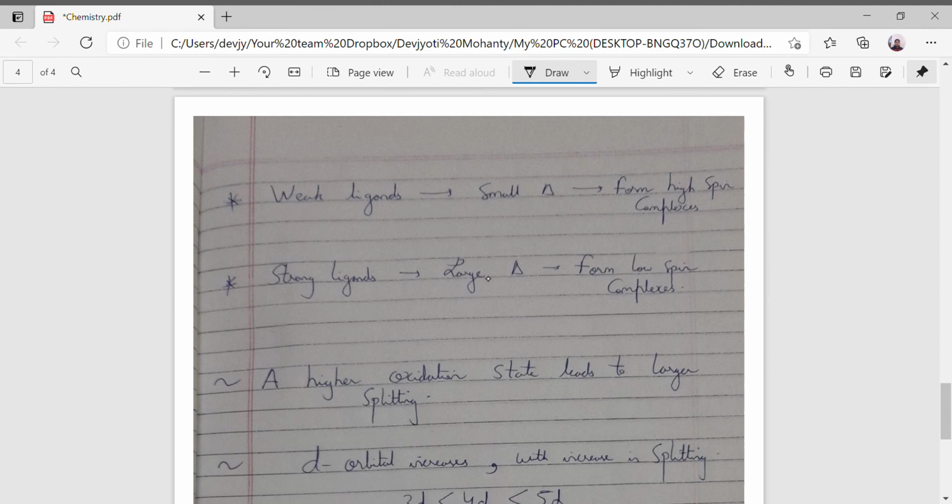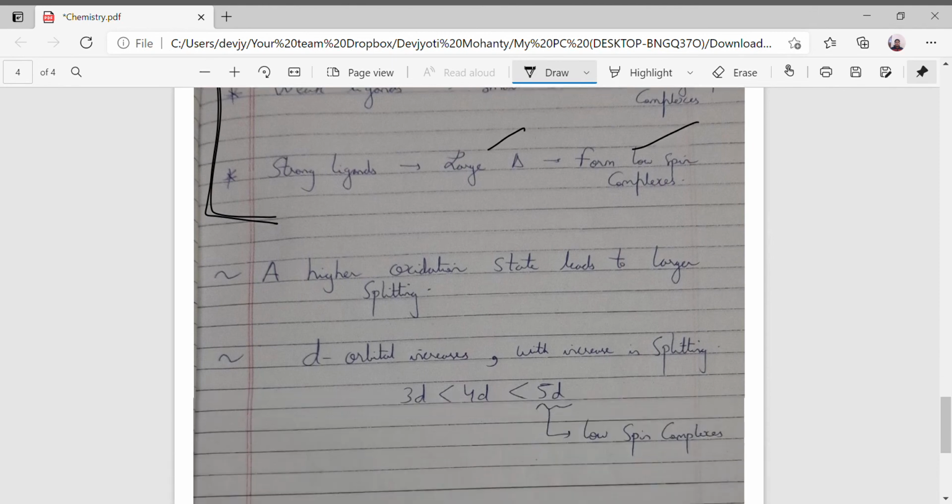Then let me tell you something about weak and strong ligands. Weak ligands generally have a small value of delta, but they form high spin complexes. Whereas strong ligands have a large delta and form low spin complexes.